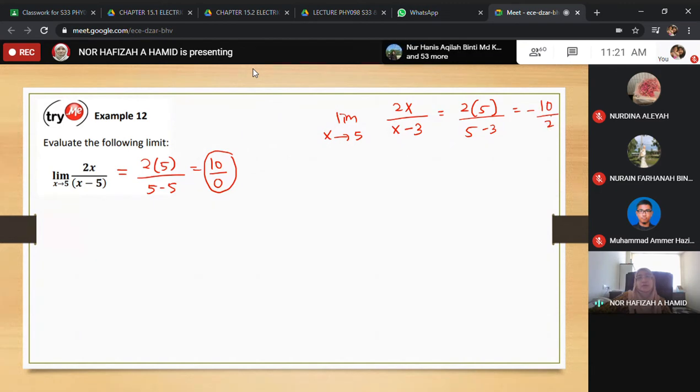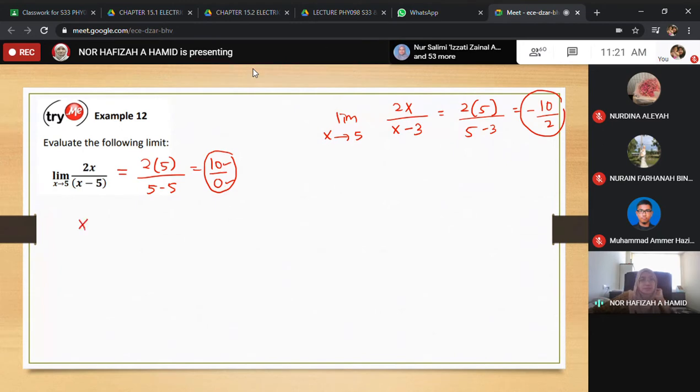Kan? So kalau kat sini, you dapat negative 10 over 2 ataupun negative 5, dia denominator dia tak 0. So kalau denominator dia tak 0, so you tak perlu buat table. You table ni you buat bila you dapat denominator dia 0, atas dia numbers. Okay. So kat sini pun you dapat denominator dia 0, so atas dia in terms of numbers.